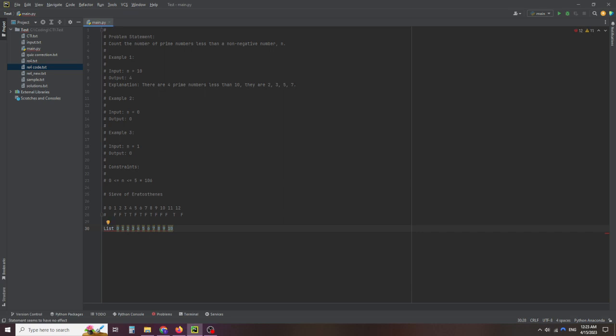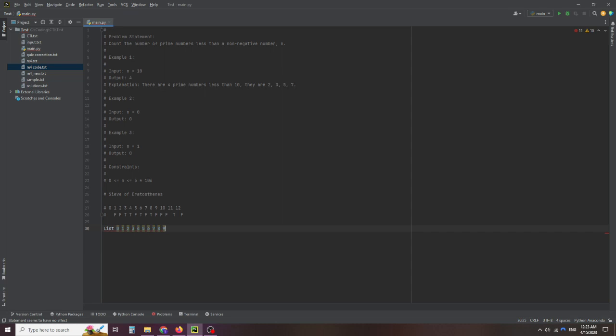Oh wait, no. If n is 10, then I have 10 numbers, so it's just 0 through 9. Those are my 10 numbers. And since I'm working with a list, there's a good reason why I'm starting at 0: so that I can just use the index directly.